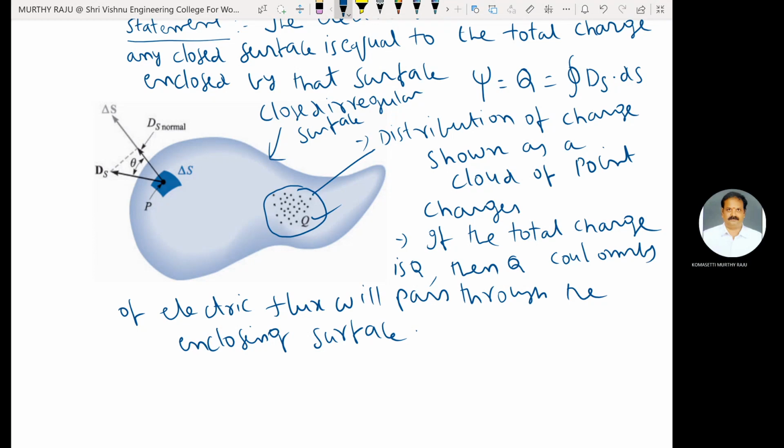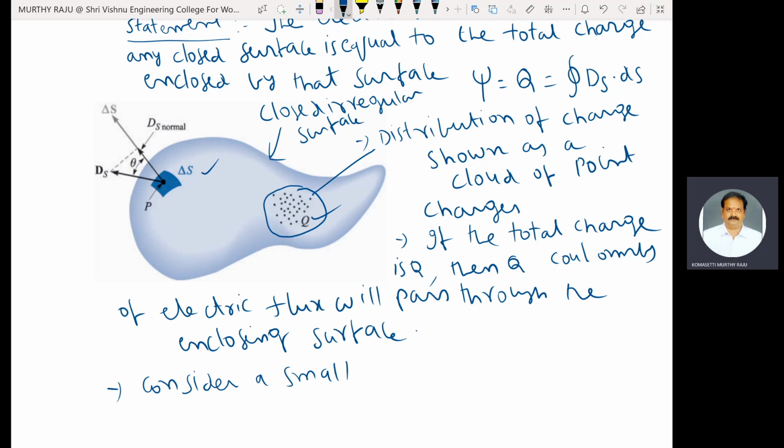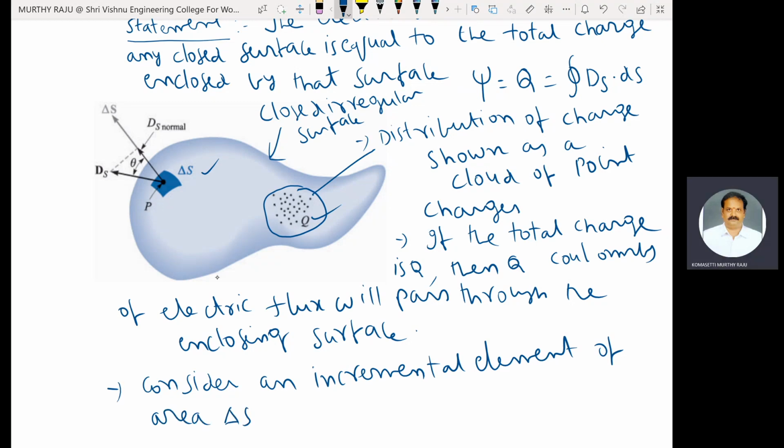Coming to this, consider a small incremental element of area delta S. This is the area.